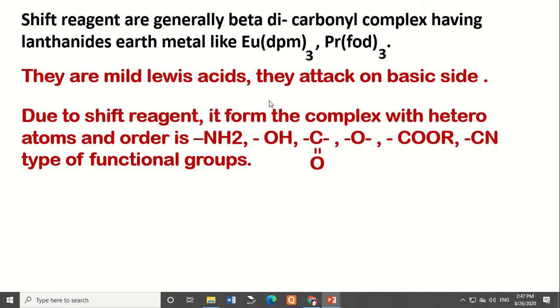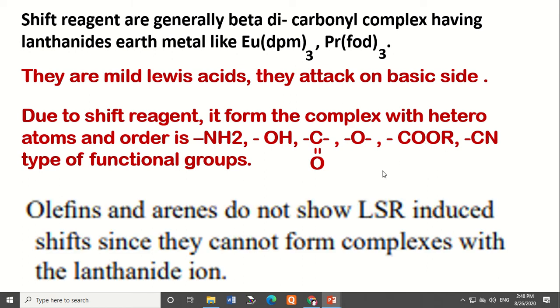The attacking order is NH2 more than OH, more than carbonyl, more than single bonded oxygen, more than ester, more than cyanide. Friends, olefin and aromatic compounds are not used with shift reagents because they cannot form complexes with the lanthanide element or ions.